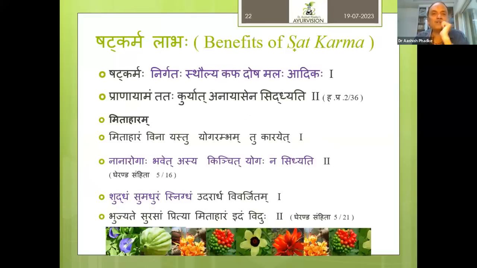Now shat karma, or the cleansing process, is usually undertaken for removing staulya, that is obesity, and kapha dosha mala adikya.